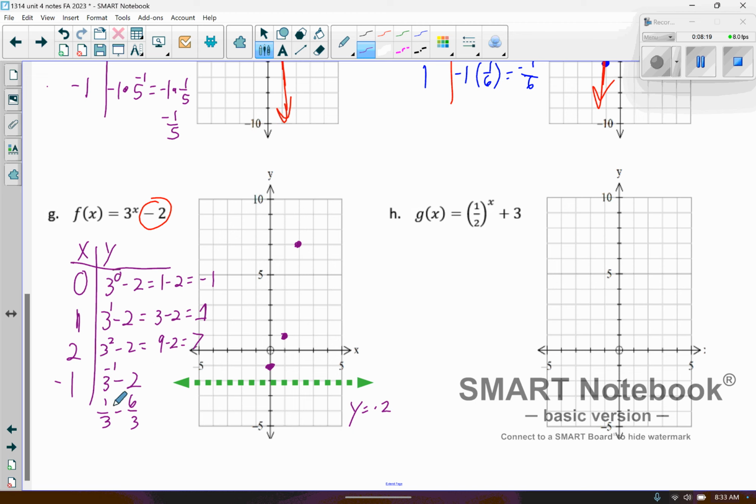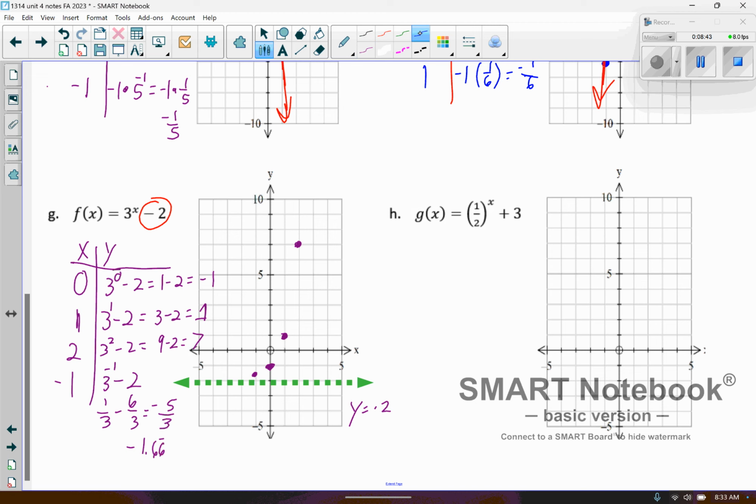I'm just doing that so I can have my common denominator. And so I end up with -5/3, which is roughly about -1.66 repeating. And so at -1, I'm right about right here. As you can see, I'm just going to start approaching my asymptote there as I move to the left.